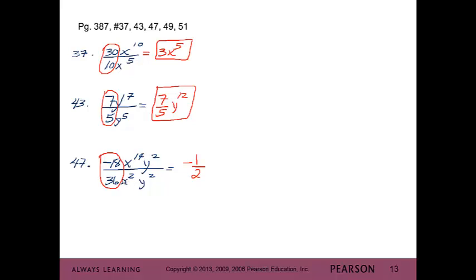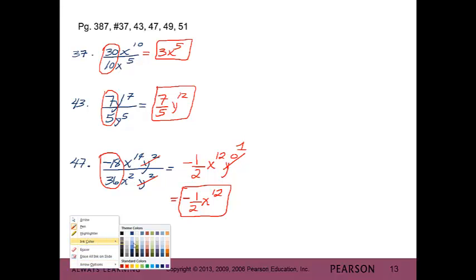And we're going to do our x's first, so keep the x, that's your base. Subtract the exponents. 14 minus 2 is 12. And then let's move down to the y. Keep the y. Subtract the exponents, but 2 minus 2 is 0. And remember, anything to the 0th power is just 1. So the final answer here is negative 1/2 times x to the 12th power. Remember, think of y squared canceling with y squared. No more y's, basically.